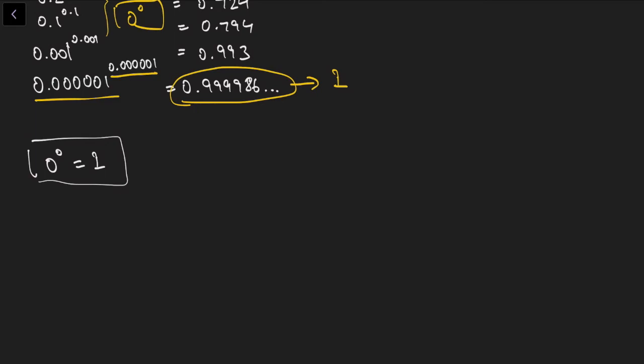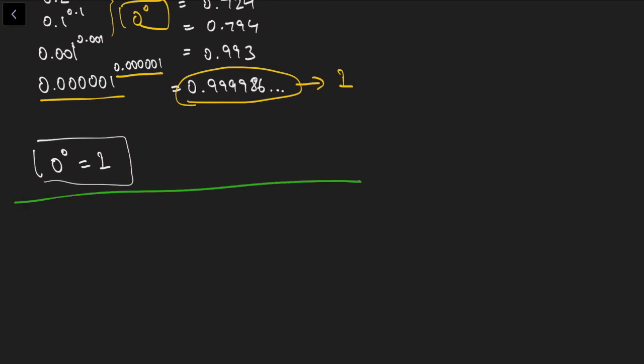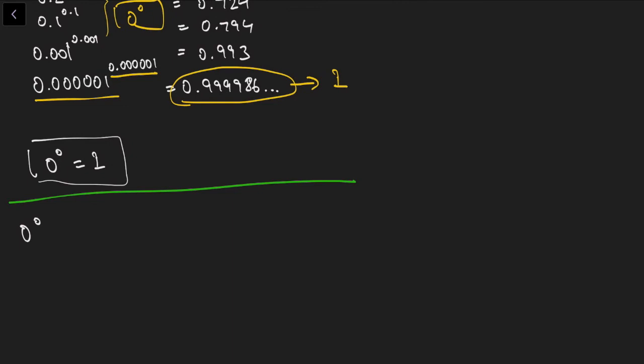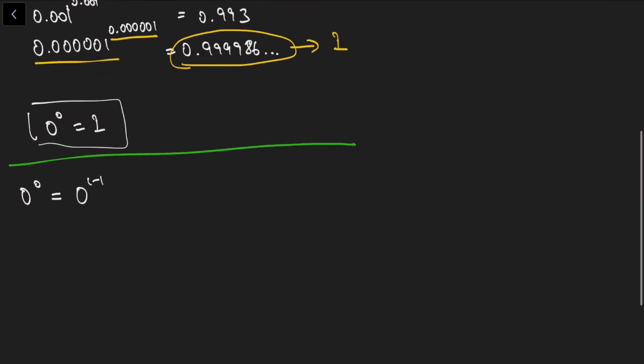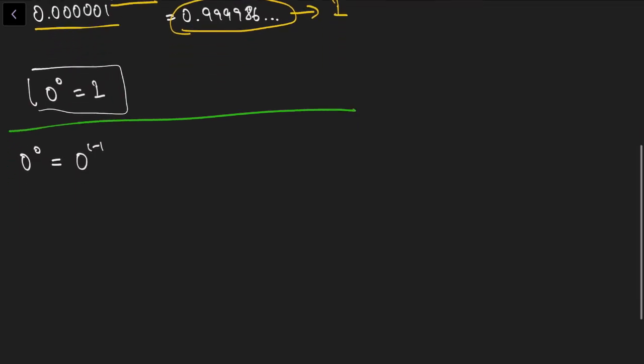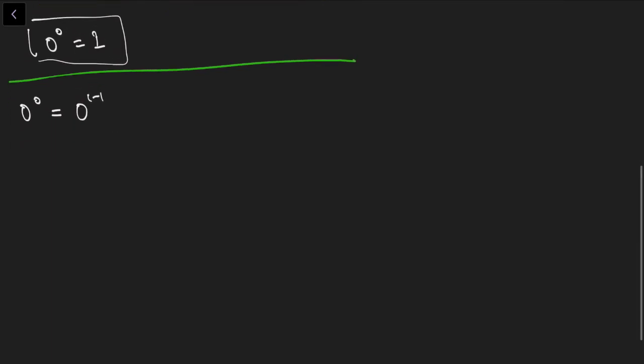Another method which has caught my mind is that 0 raised to 0 can be written as 0 raised to 1 minus 1, because 1 minus 1 is 0. And then I could say that this is 0 raised to 1 divided by 0 raised to 1.